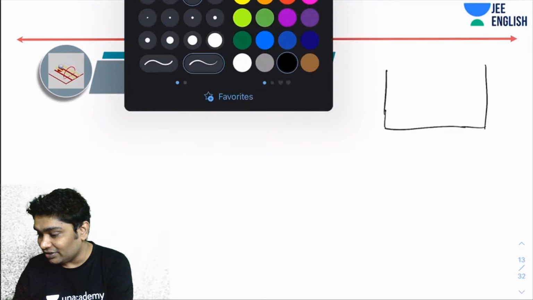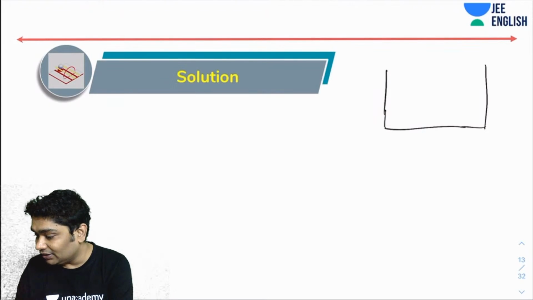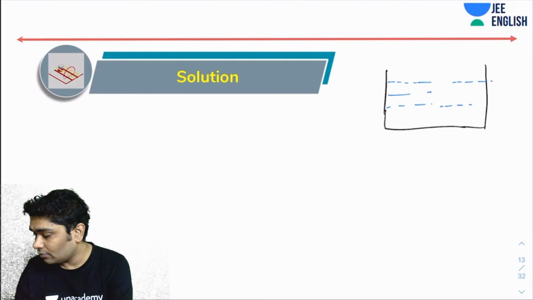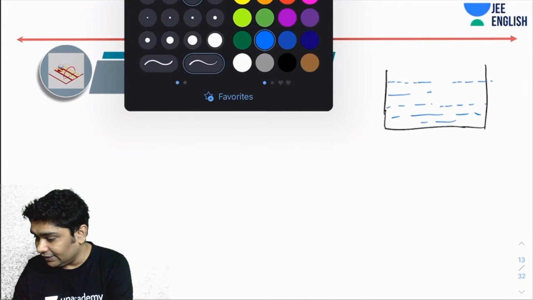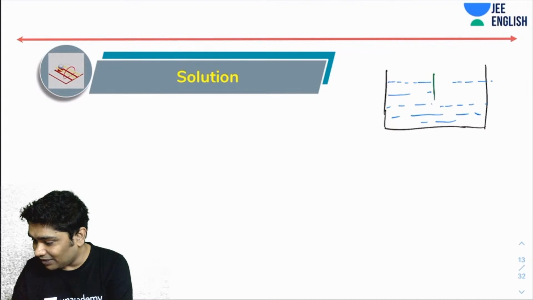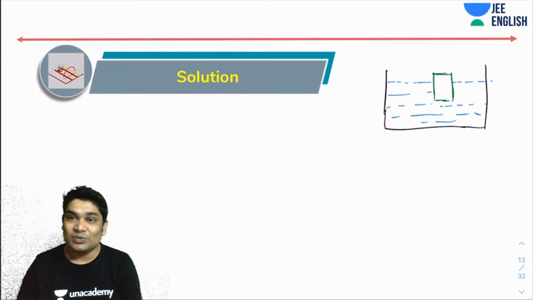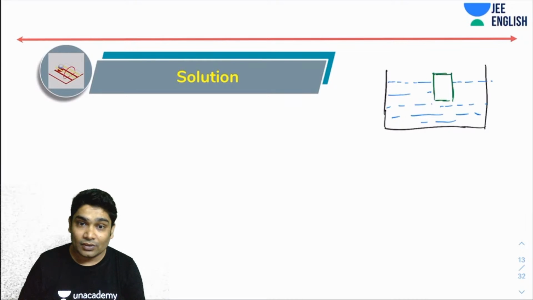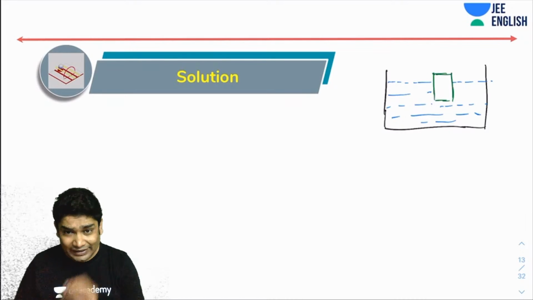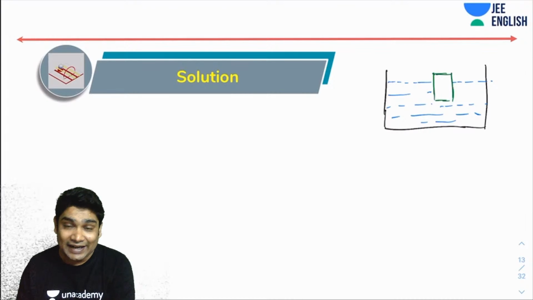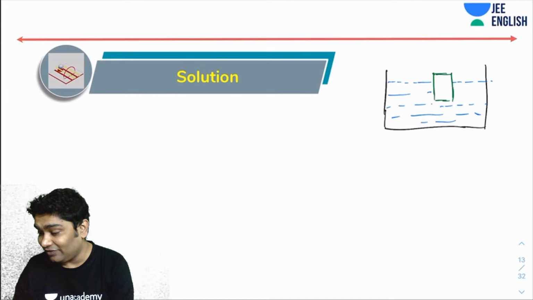So consider a situation where you have water up to here, and you have this cylinder which is partially submerged right now. Okay, let's assume that this is the case. In this case, what is the net downward force that it is feeling?